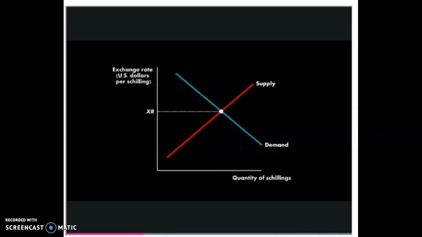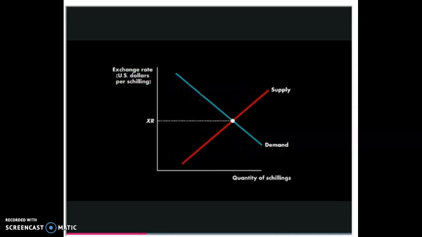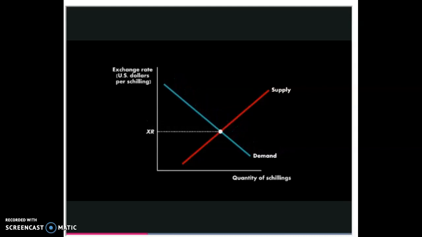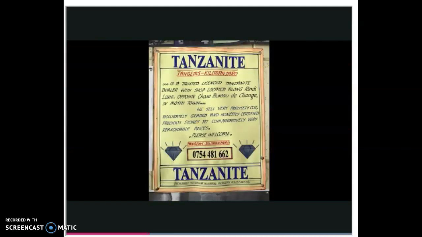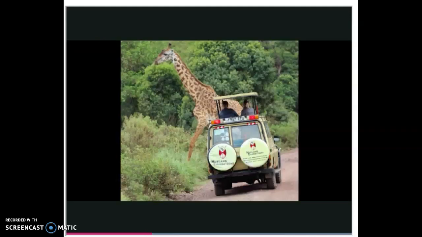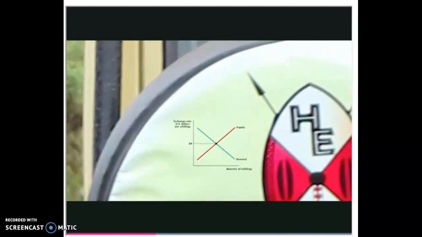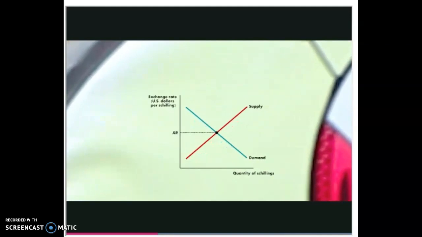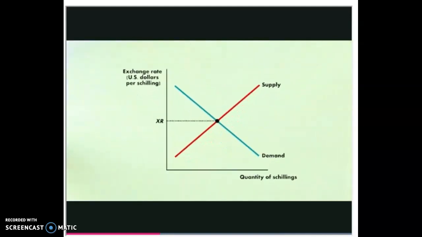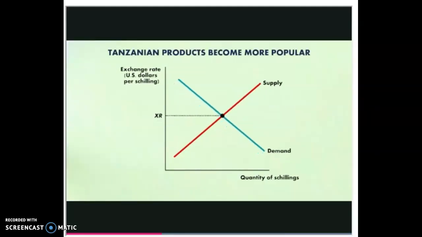Shifts in the supply and demand curves change the exchange rate. Let's consider some examples. If Tanzanian fabric and gems and safaris become more popular, the demand for shillings will increase as people buy more Tanzanian currency so that they can buy more Tanzanian goods and services. The result will be a rightward shift of the demand curve for shillings and an increase in the exchange rate.